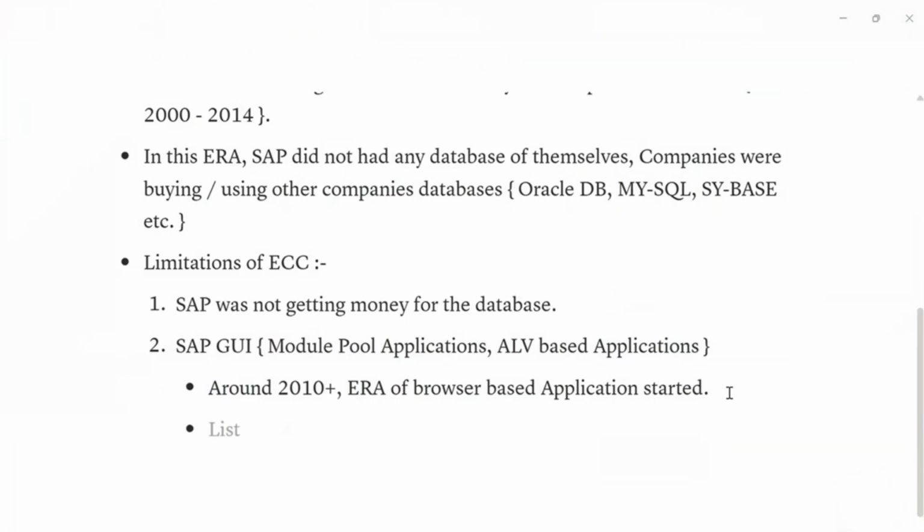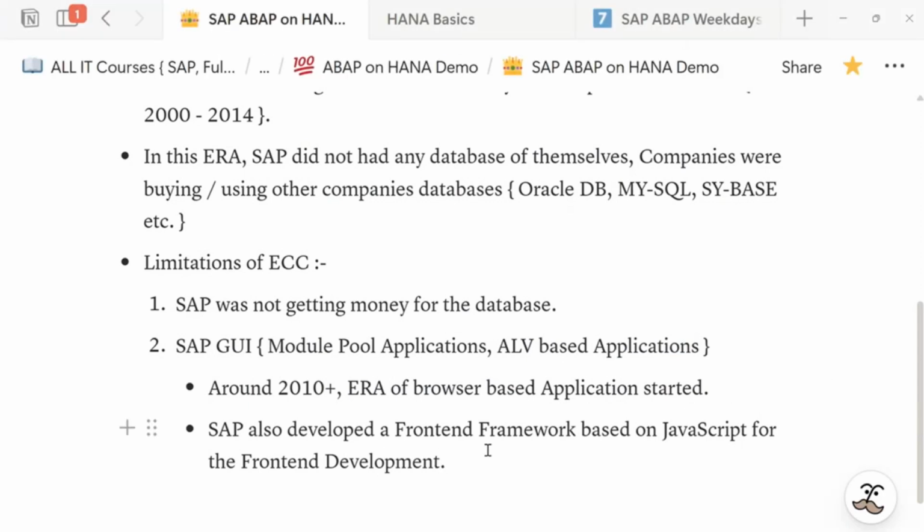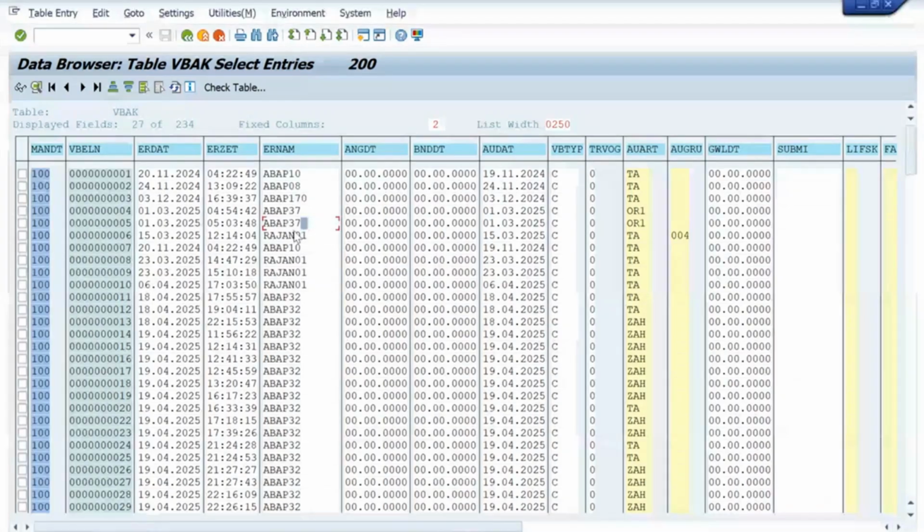What SAP did, SAP also developed a front end framework based on JavaScript for front end development as a long term goal, to move from the GUI based things to the browser.